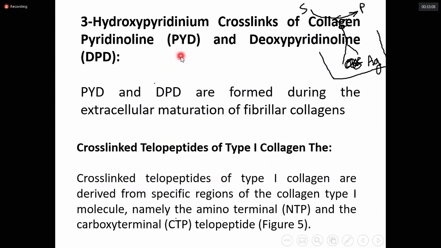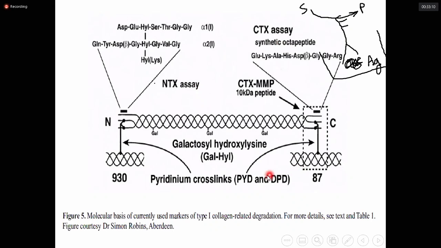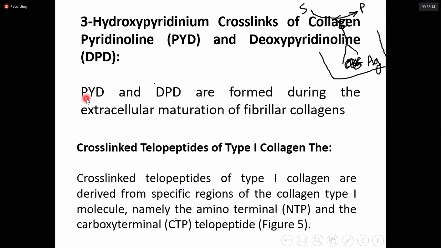So PYD again is the piece that comes from fragmentation of these ends. So we have PYD and PDP so that we don't say we don't know where it comes from. So it's a fragment of collagen type 1.